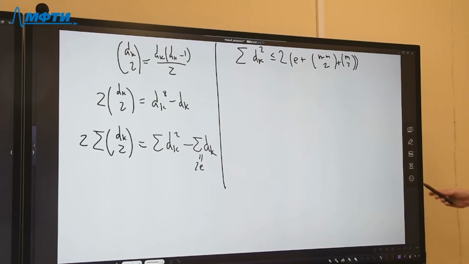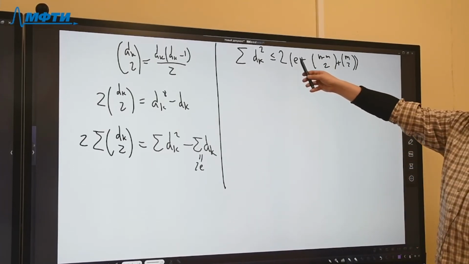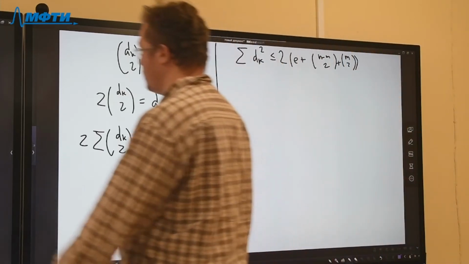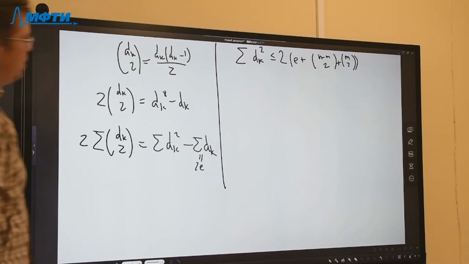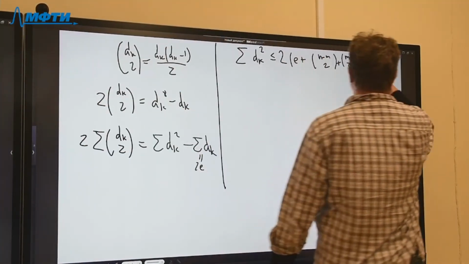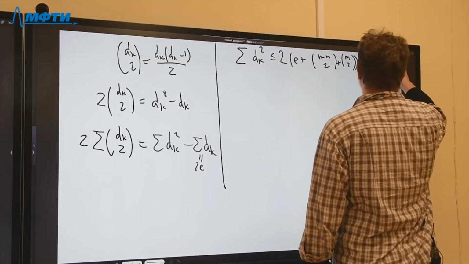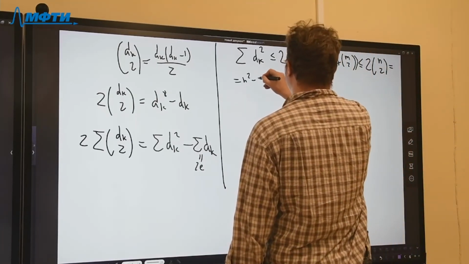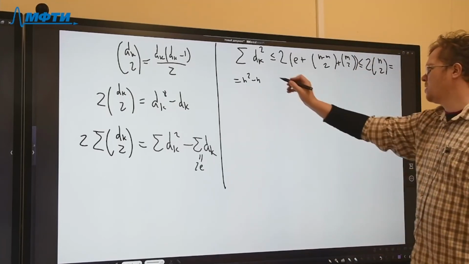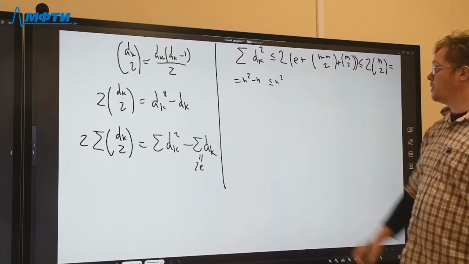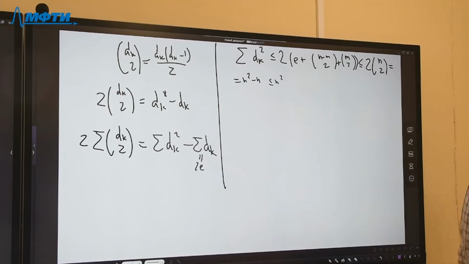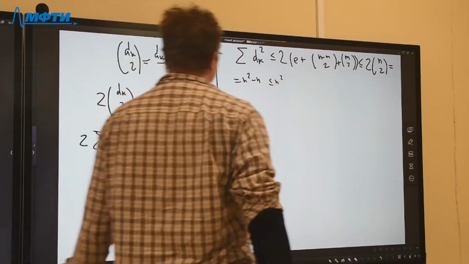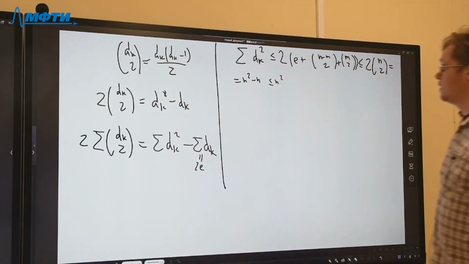Here I just calculate the number of edges of the bipartite graph plus the maximal number of edges in one part plus the maximal number of edges in the second part. So this is not greater than 2 times n choose 2, which is n squared minus n, which is less than n squared. So from our condition that our graph doesn't contain C4, we obtain that the sum of the squares of degrees is not greater than n squared.